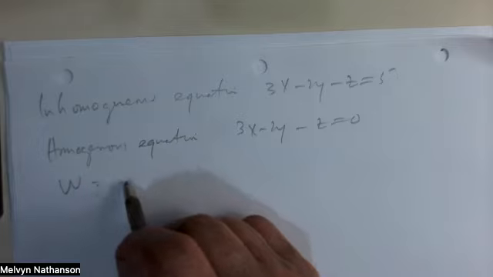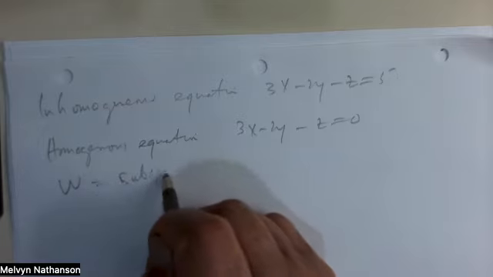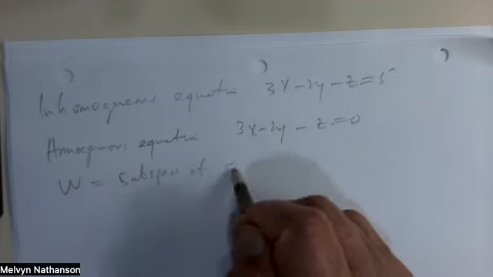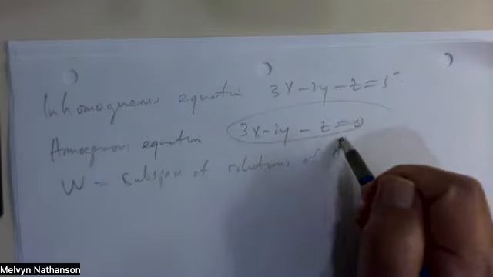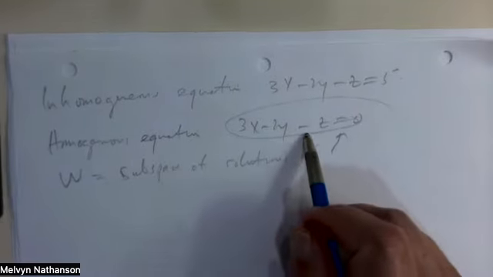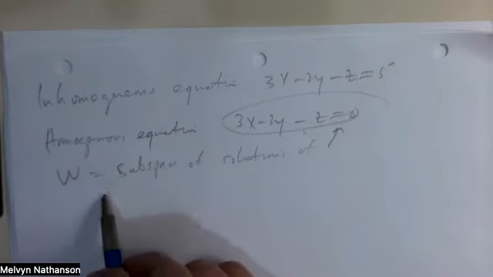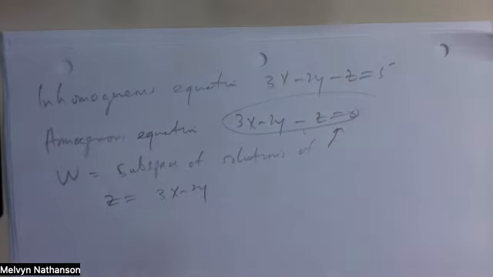So suppose we let W be the subspace of solutions of the homogeneous equation. So if x, y, z is a solution of this equation, z is going to be equal to 3x minus 2y.